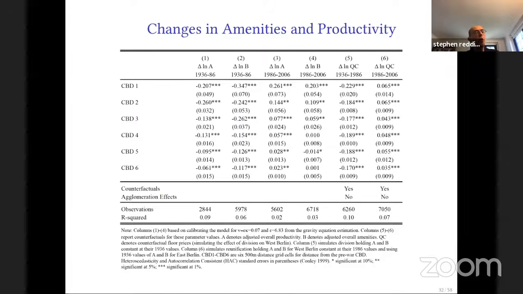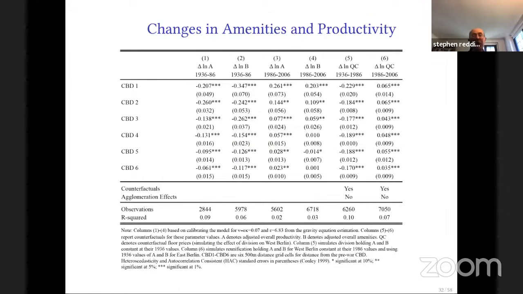And so one thing I can do is run some regressions of whether the changes in productivity implied by the model are correlated with division, and whether the changes in amenities implied by the model are correlated with division. And that's exactly what we do here. So we're just going to regress the log change in productivity or amenities between 1936 and 86 in these first two columns, and then between 86 and 2006 in the next two columns. I'm going to regress those on indicator variables for 250-meter grid cells for distance from the pre-war CBD. Okay, so it's a regression for West Berlin blocks, changes in productivities and amenities against distance from the pre-war CBD in East Berlin.